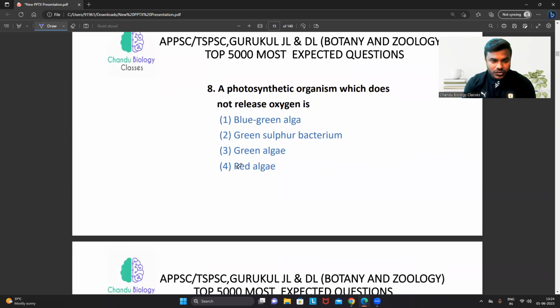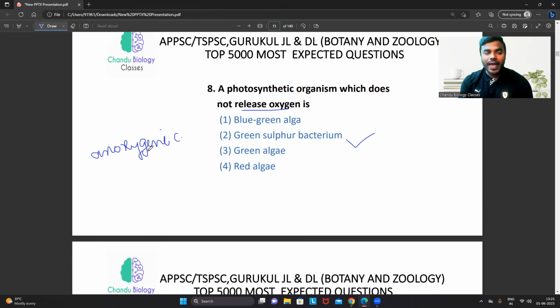So question number 8 says a photosynthetic organism which does not release oxygen. Every one of you commonly knows that, that is the green sulfur bacterium. Friends, green sulfur bacterium will perform what kind of photosynthesis? You all know that it will perform anoxygenic photosynthesis.